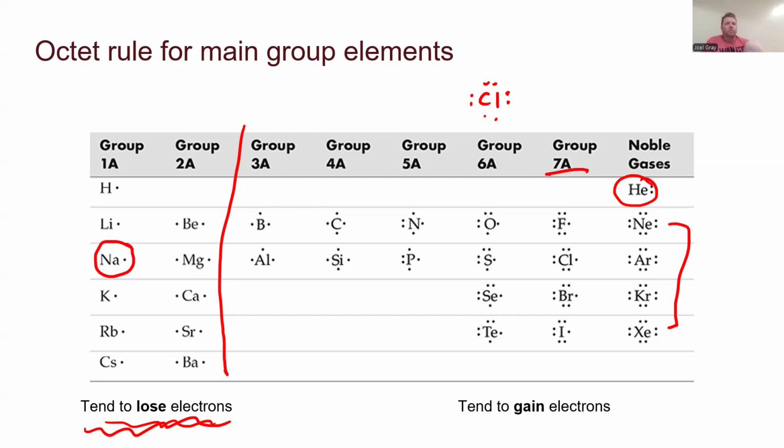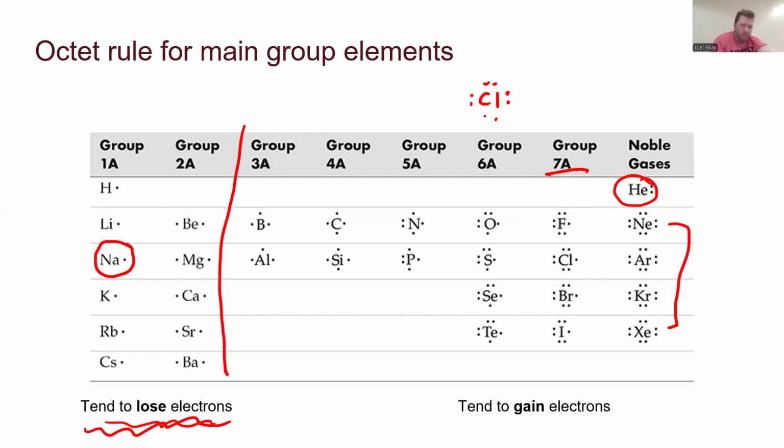Sodium says, well, I love to play, and that's what I want to do. I don't care about being on varsity or junior varsity. I just want to play. And if giving up 1 electron gives me the chance to play, that's what I'm going to do. So sodium likes to give up 1 electron. Magnesium likes to give up 2 electrons, calcium, 2 electrons, rubidium, 1 electron, and so on.